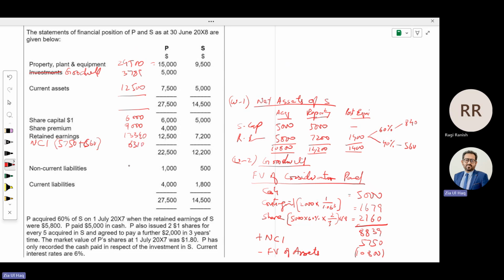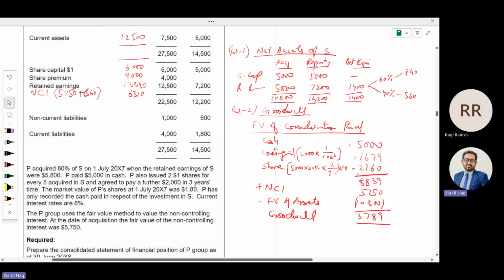Current liabilities, no. No, no. What about this contingent consideration? We need to record finance cost. Need to record non-current liability.